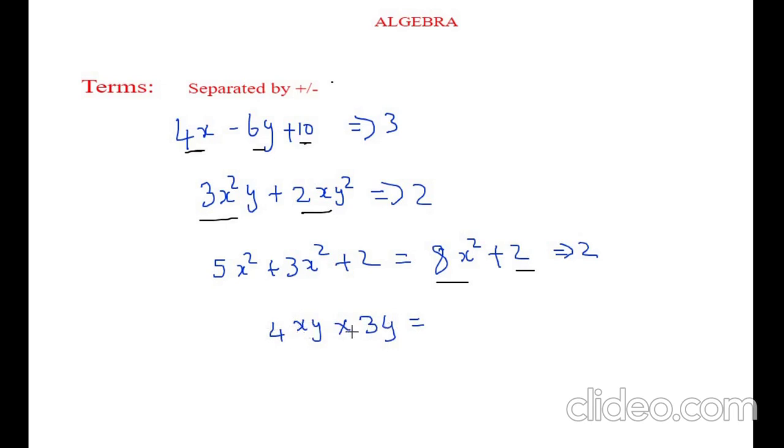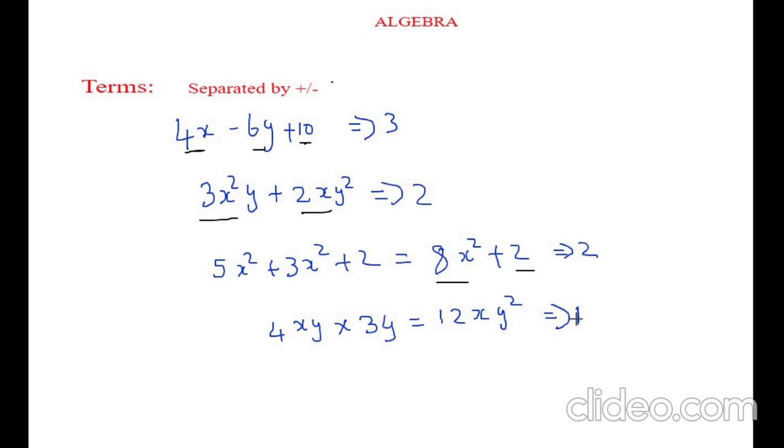Usually different variables can't be added or subtracted, but different variables can be multiplied or divided. So here we have 4xy and 3y. We can multiply the numbers, that is 3 times 4 is 12, and y times y is y square. So we can multiply and write it as one single term, 12xy square. Since we have only one term here, the answer would be only 1. So there is only one term in this expression.